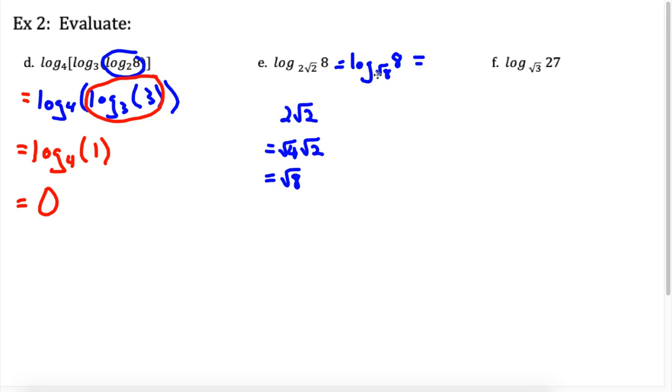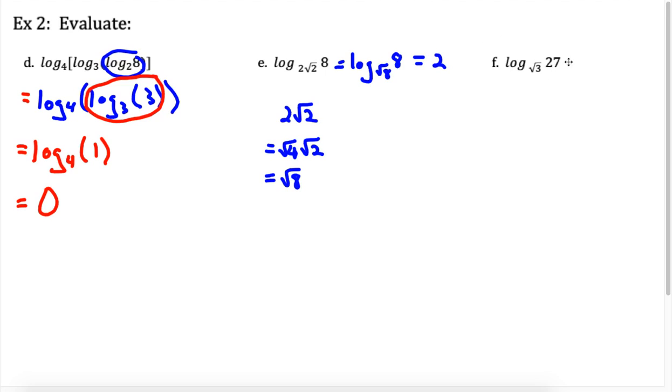So now we want to think about the square root of 8 to what power equals 8. Well, if I take the square root of 8 and square it, that would equal 8. So rewriting this helps us see what these values would be.